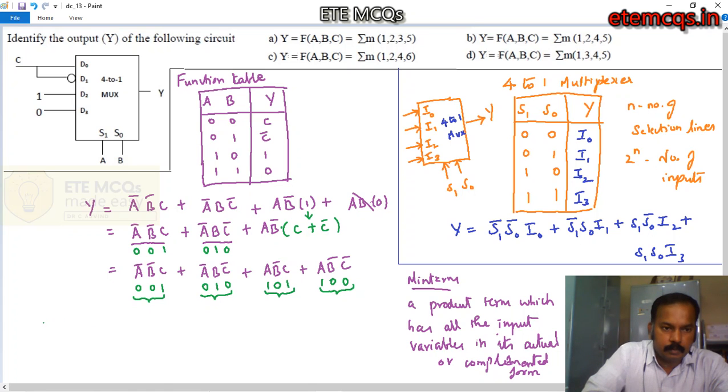So the output Y is equal to f of A, B, C is equal to summation m. You have 001 is 1 in decimal, 010 is 2, 100 is 4, and 101 is 5. So this will be the resulting output function in SOP form.